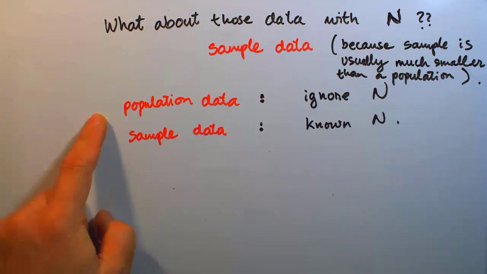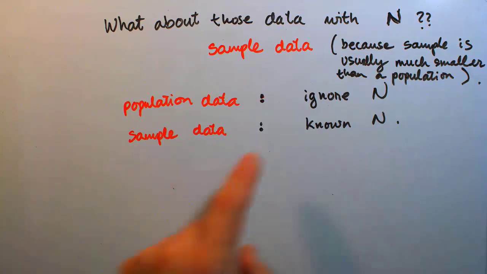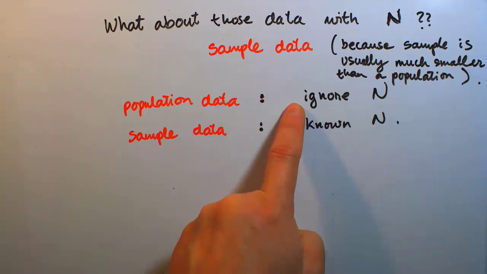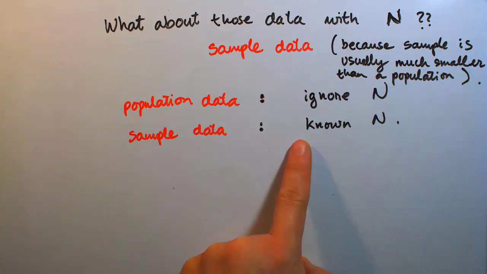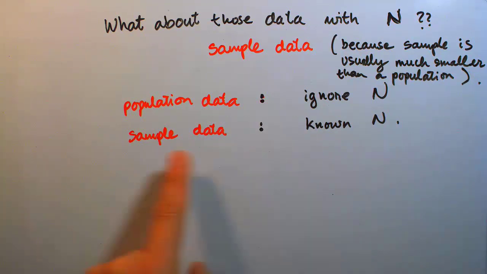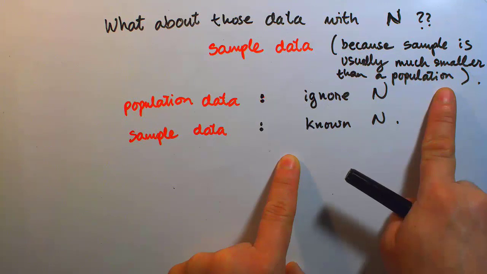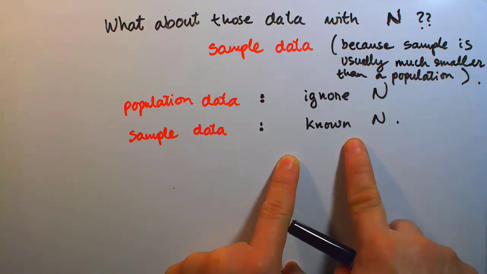But for now, since our journey is just beginning to distinguish between population data and sample data, all we have to keep in mind is that population data is data so big that we ignore the n count, and a sample data is something that we actually collect, and a lot of the time it is much smaller than a population. In that way it's a good place to have a known n count.